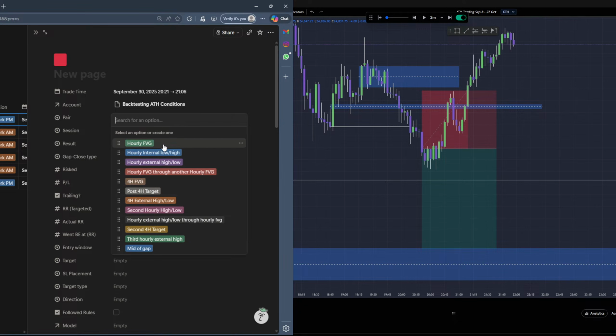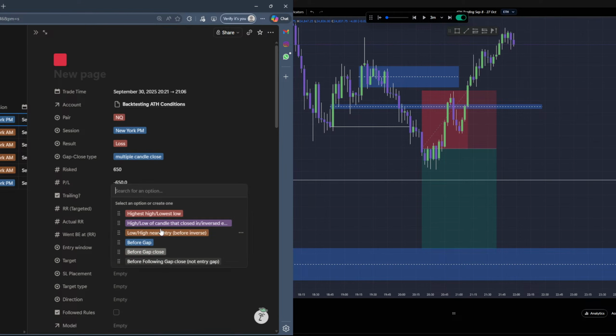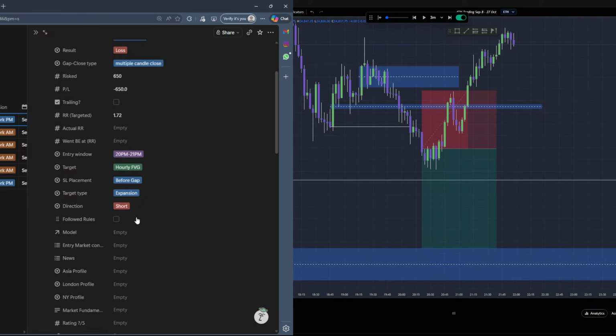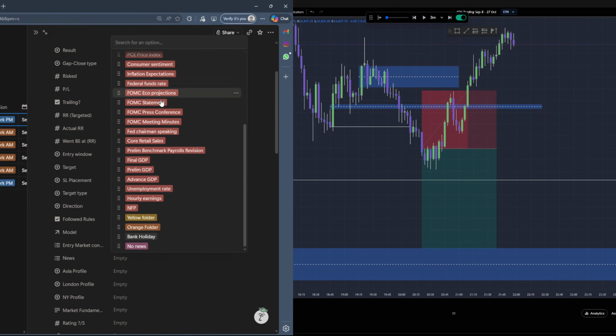Early gap. Before gap. An expansion short. Were mid expansion, it was more of a continuation trade because we had jolts.